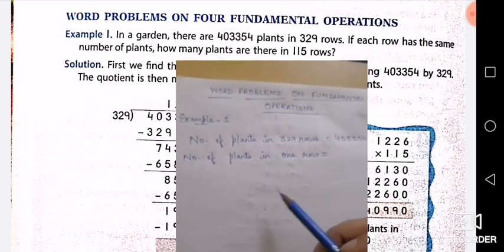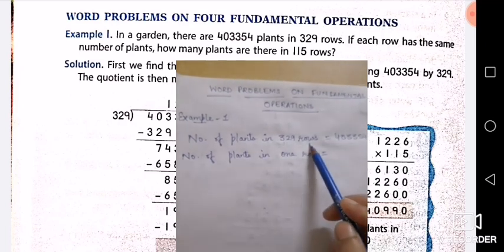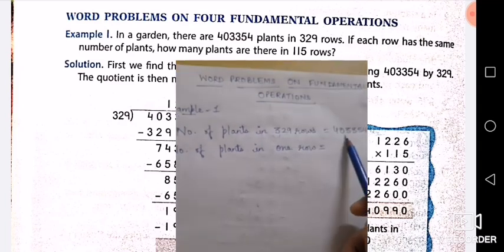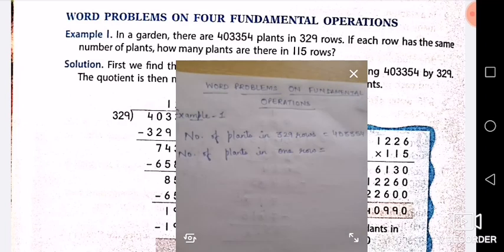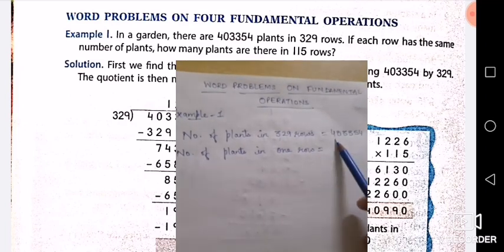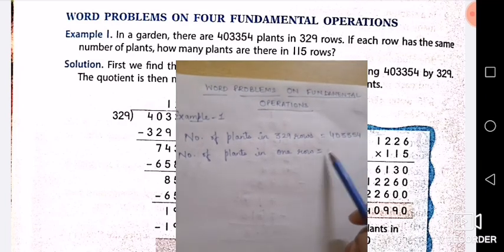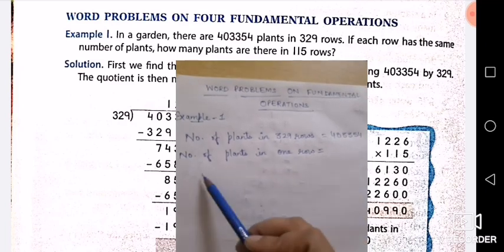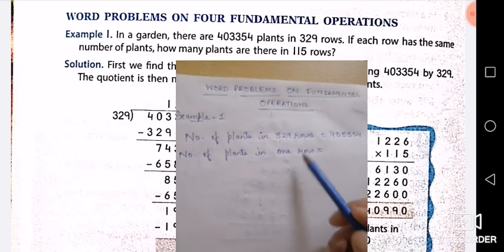Now, here the number of plants in 329 rows is already given in the question, that is 4,03,354. It is given in the question that each row has the same number of plants. So, it means you have to find the number of plants in one row.